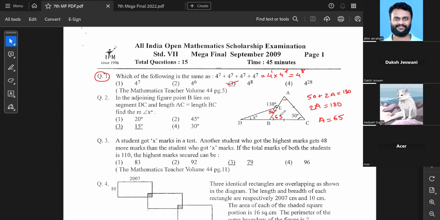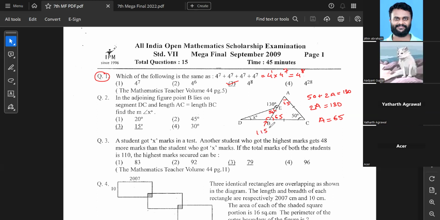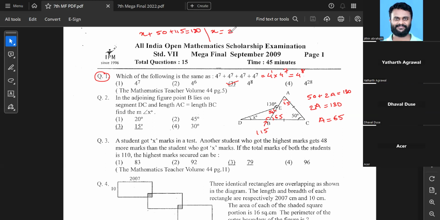If A is equal to 65, then this particular angle will be 180 minus 65, which is 115. So I'll consider this whole triangle: x plus 50 plus 115 is equal to 180. That should give me x is equal to 15.